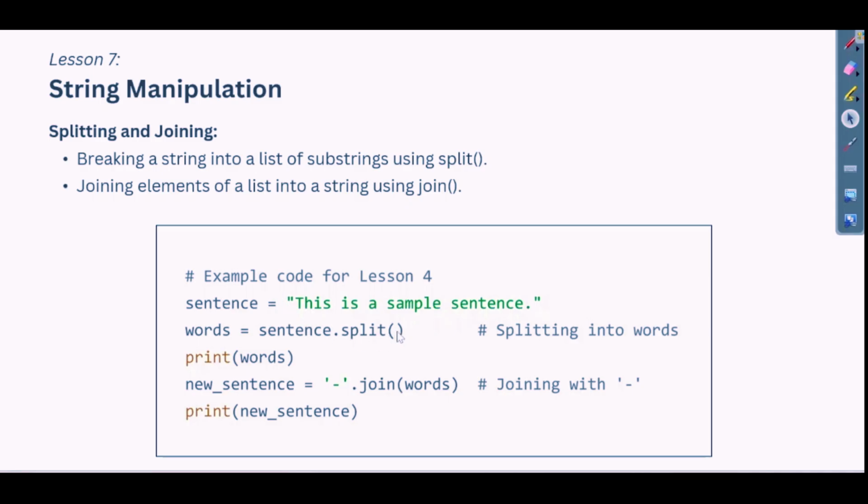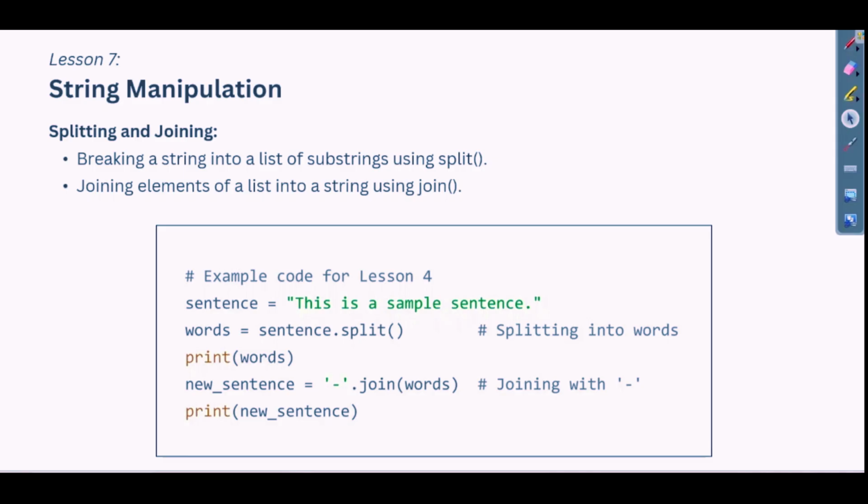If you put nothing inside the brackets, by default it takes space as the criteria to split the string into different words. So it will simply print this, is, a, sample, sentence. These things will make more sense when we do it manually inside the Colab notebook.